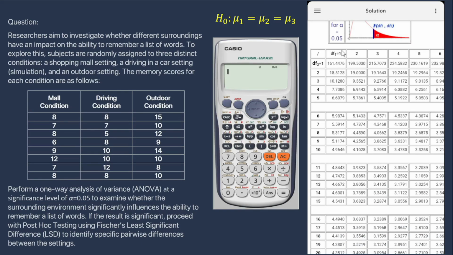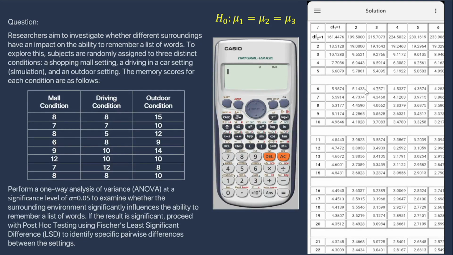We look for DF treatment in this row. So here, df1 is equal to 1, df1 is equal to 2. So in this case, this is the column that we are concerned about. So the next one is df2. This is our df error. Okay, so in this column, we try to look for the value of 21.